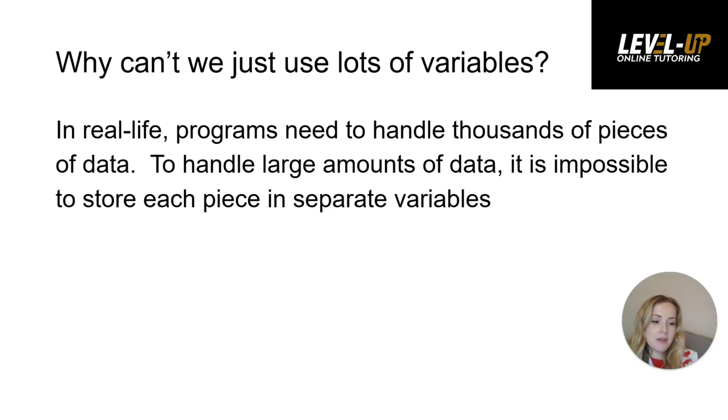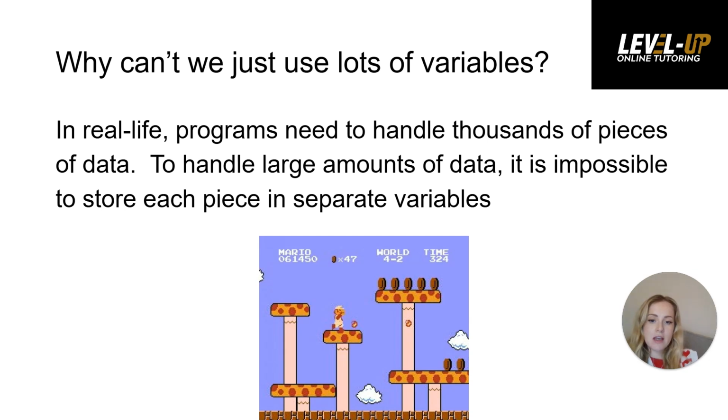So basically, if you think about any program that you probably would have come into contact with, so games, software, they have to handle lots and lots of data. So if I needed to store, for example, I've just got this screenshot of Mario, this is storing a lot of data.